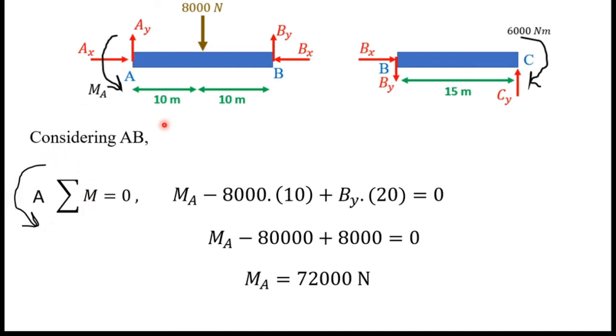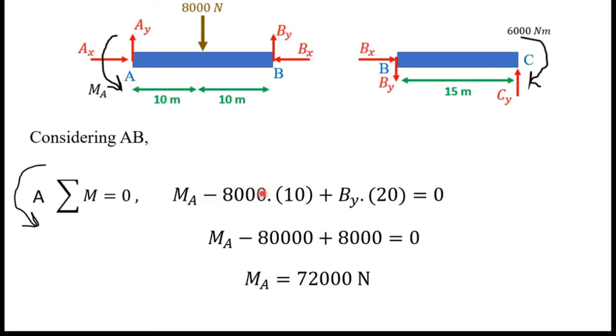First I write plus MA because MA is in the direction we consider, counterclockwise, and minus 8000, the resultant force. The moment of this force rotates clockwise, and since we consider counterclockwise, I put a minus sign.